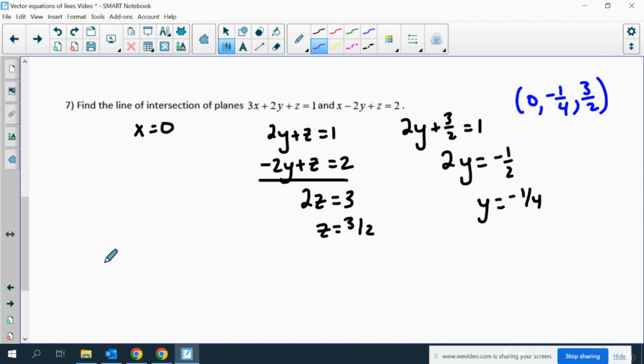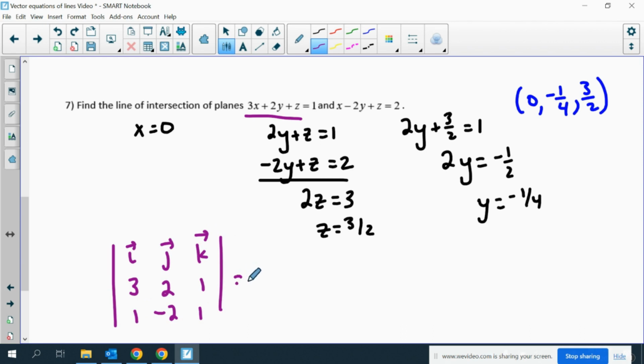Now we need to find a vector normal to the two normal vectors to the planes. So I'm going to put 3, 2, 1, and 1, negative 2, 1. And then if I do my cross product, I end up with 2 minus negative 2. I end up with 3 minus 1, but remember this one has the opposite sign.